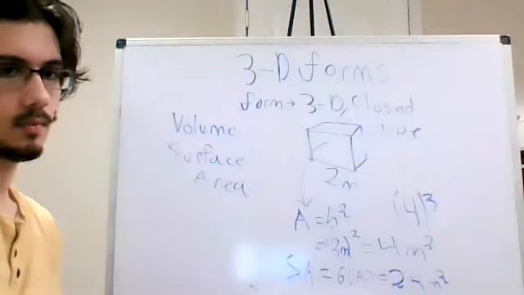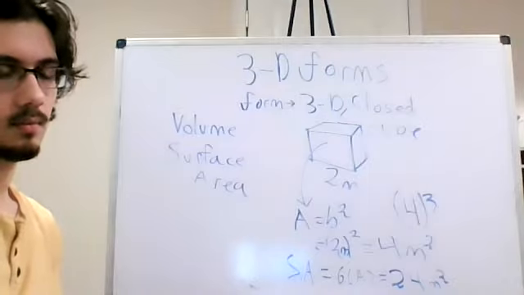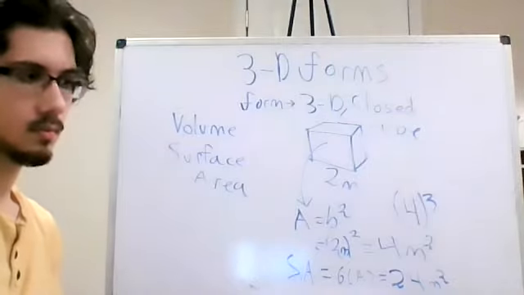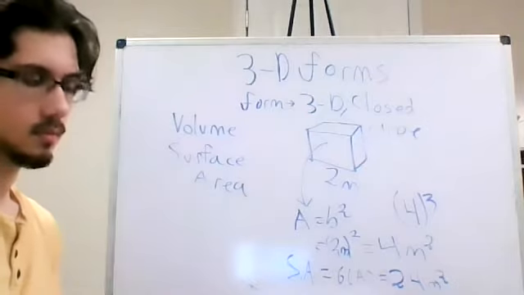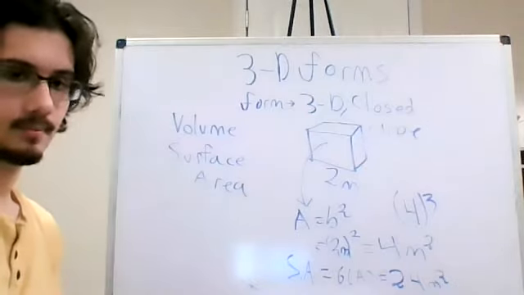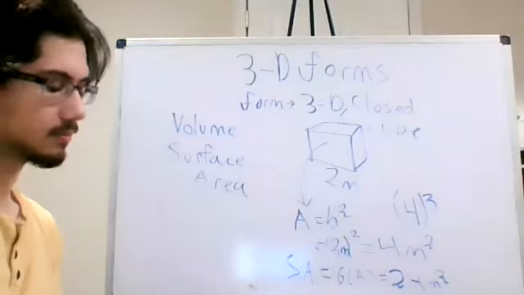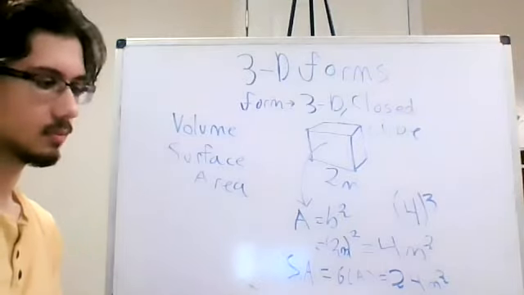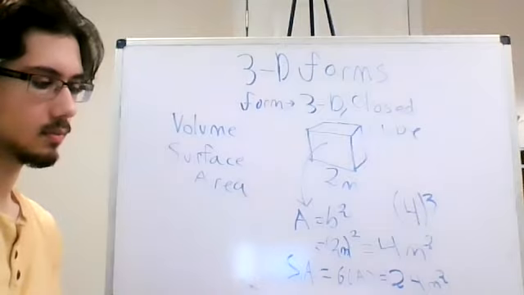So to find volume, you will have to do length times width times height. So since we already found it, we just find the volume by multiplying 4 by itself 3 times.